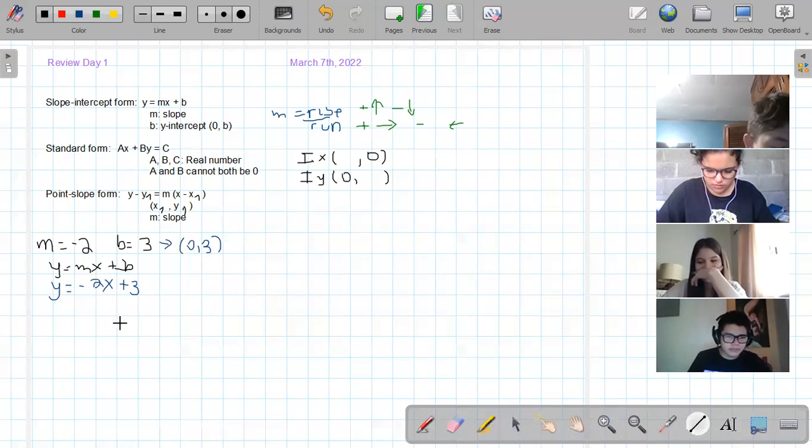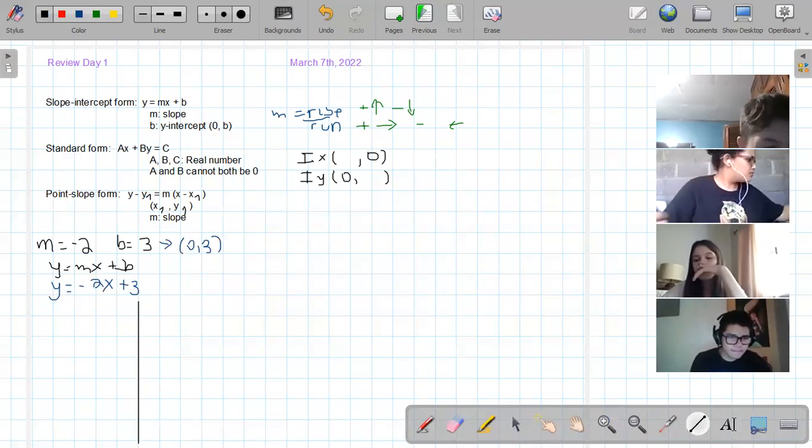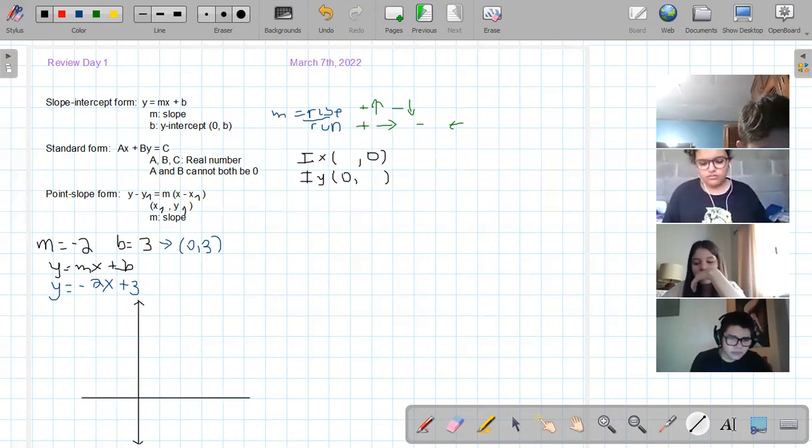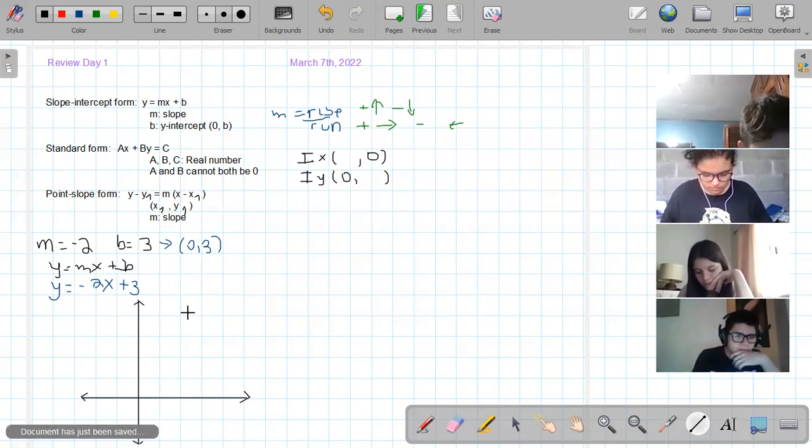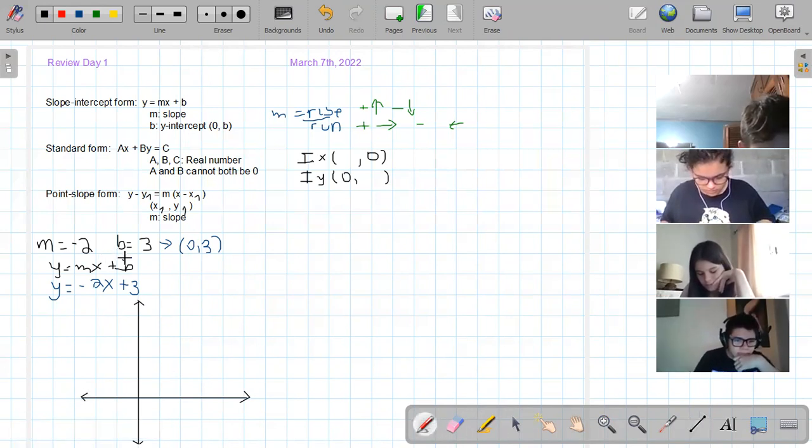So I don't need too big of an ordered pair, I think. Place it over here. What else did I tell you that I need to have? The slope.